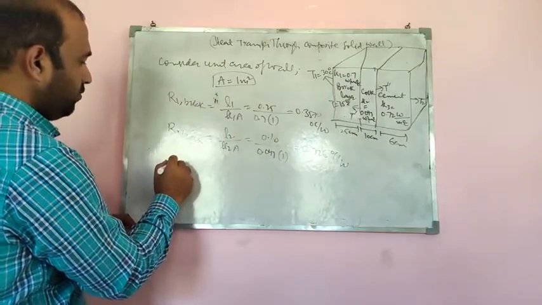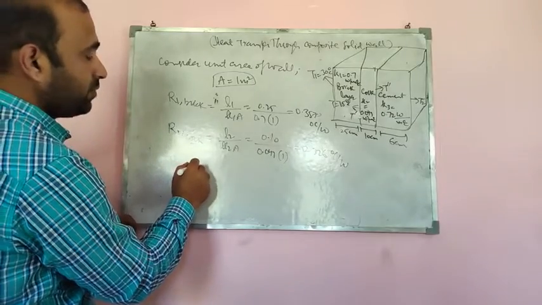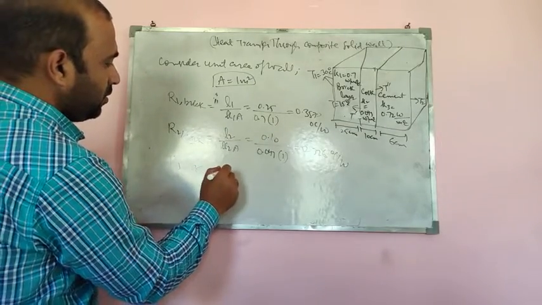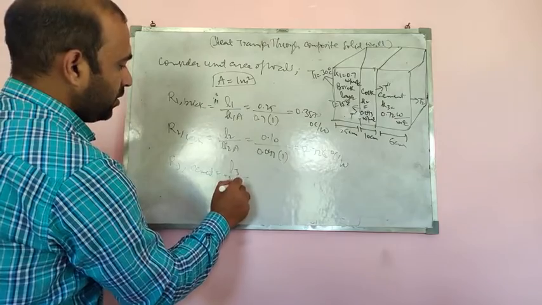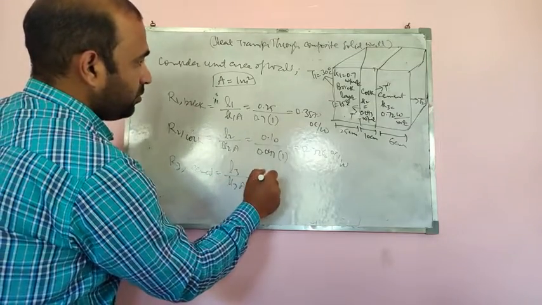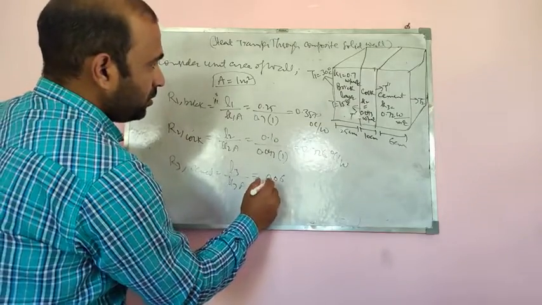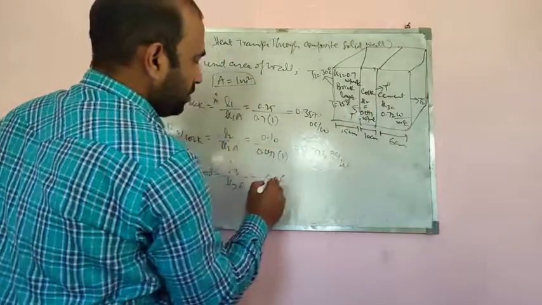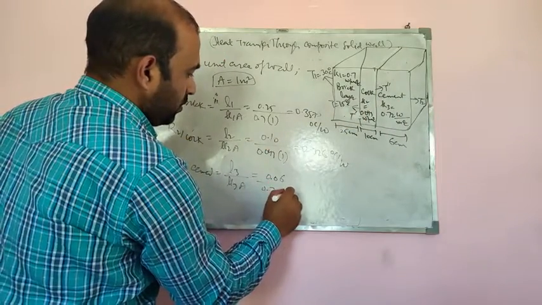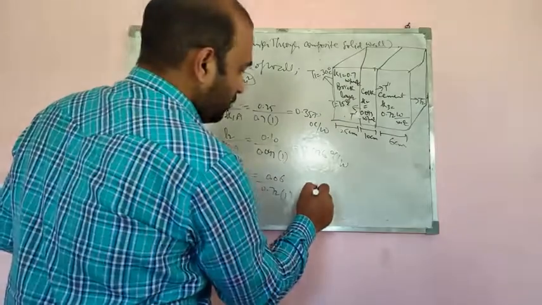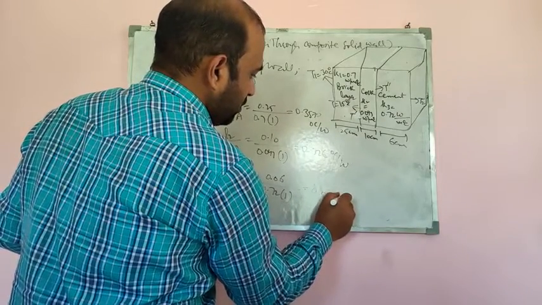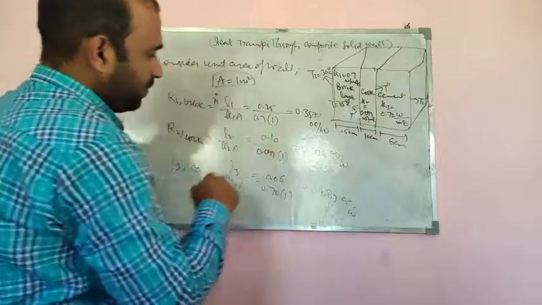Similarly, for the cement layer, R3 will be equal to L3 by K3A. It should be 0.06 divided by its thermal conductivity, 0.72, into 1, so it is equal to 0.083 degrees Celsius per watt.